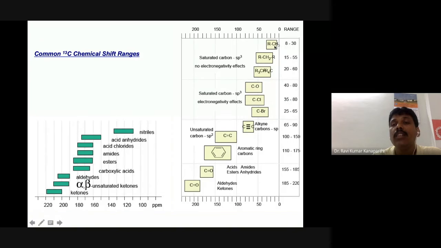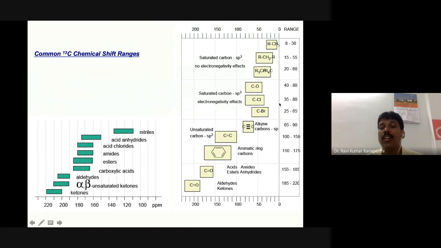A simple sp3 carbon in the alkane, saturated hydrocarbon, normally resonates between 8 to 30, and the saturated CH2 carbon will resonate between 15 to 55, and the other carbons like the methine carbon will resonate between 20 to 60. Okay, that is all about the saturated carbons.